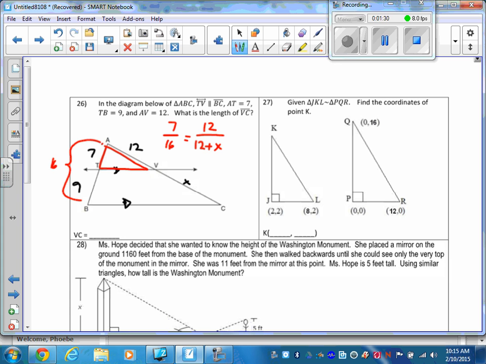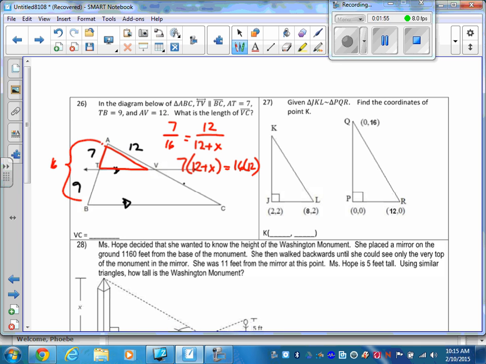And the problem with this proportion is you have to use the distributive property. So 7 times 12 plus x equals 16 times 12.